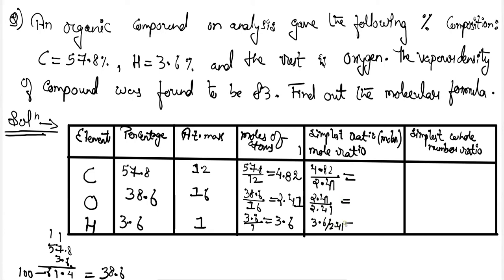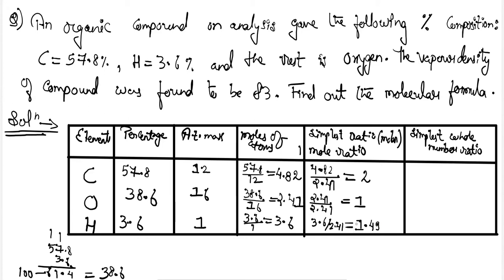So 4.82 divided by 2.41 will be 2, 2.41 divided by 2.41 will be 1, and 3.6 divided by 2.41 will be about 1.5.